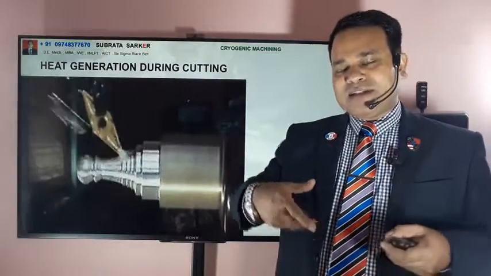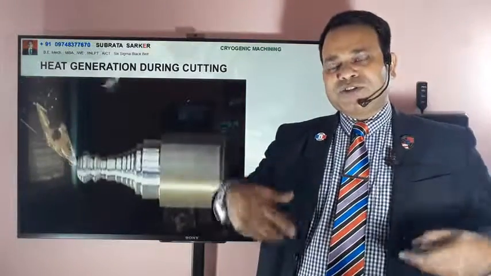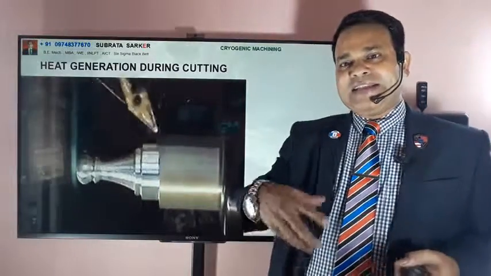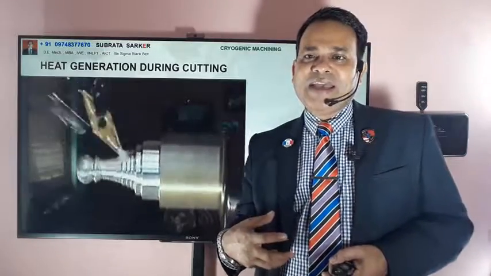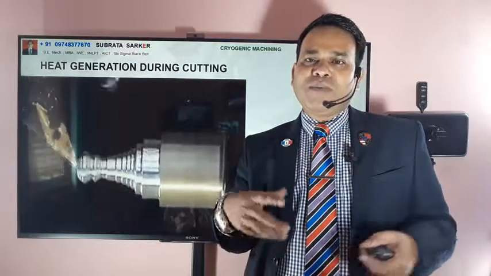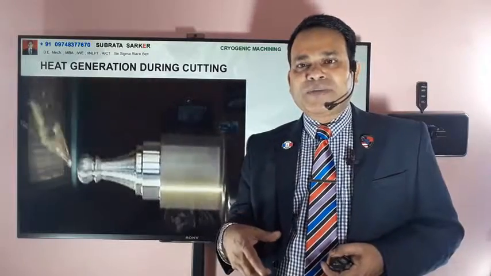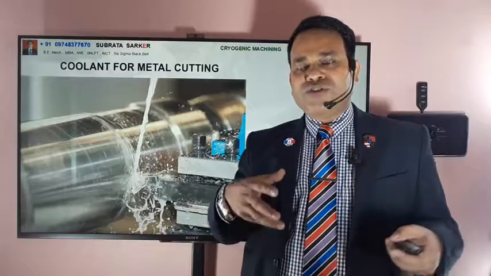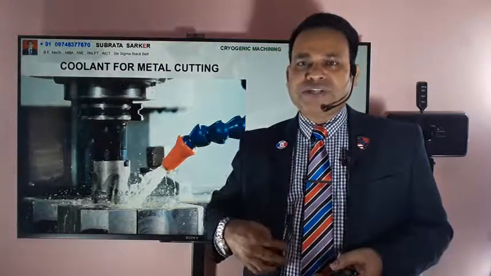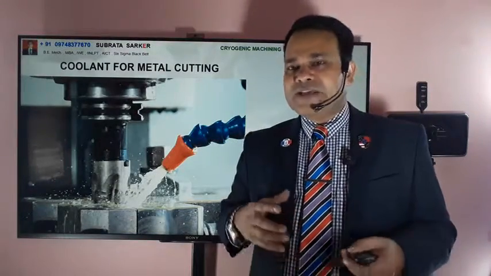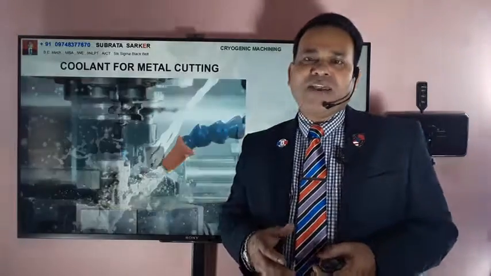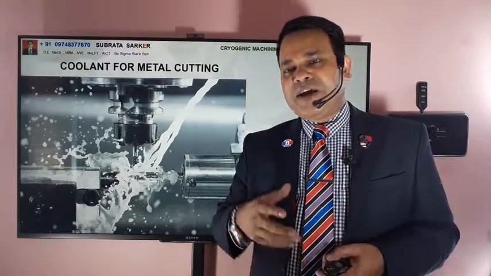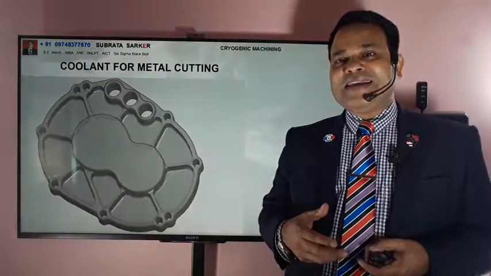Now, when the high speed metallic material is rotating and you are touching another metallic material which is harder than that, there will be heat generation immediately, and the tool material will become blunt and will not be able to cut the material. So you need to give some liquid like water, so that the temperature at the touching zone is reduced and the tool can cut. If you put only water, it will not work, because water will evaporate immediately.